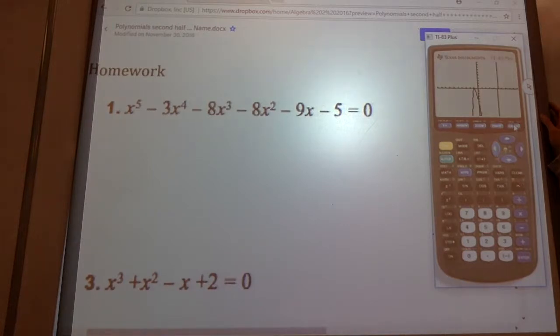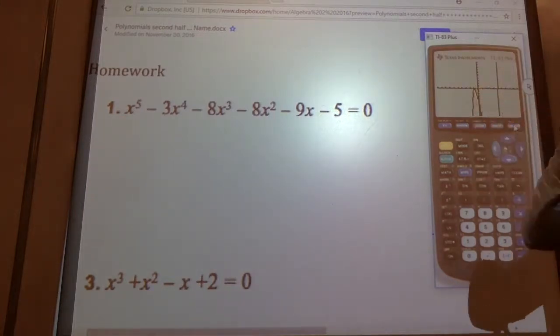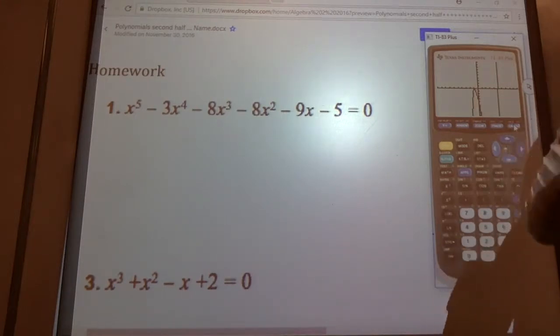All right, so do I have 3 roots? What I want you to remember is we talked about this last chapter and a little bit this chapter. Whenever you have a maxima or minima hit the x-axis, that has a multiplicity of 2.